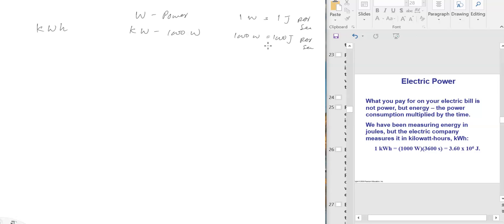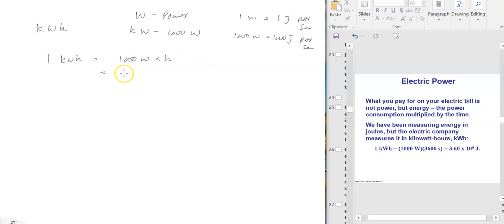So kilowatt hour is a joule measurement. Even though it has this kilowatt, this power portion in the front, power multiplied by time brings it back to energy, brings it back to joules. So what is 1 kilowatt hour? 1 kWh equals 1 kilowatt, which is 1000 watts, times hour.